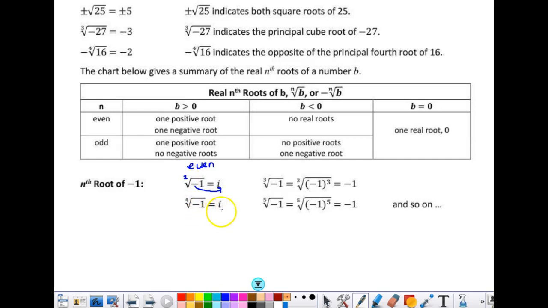If you have a negative, it comes out as an I. If you have an odd root, like you're looking for the cube root or the fifth root, then that negative comes out as a -1. Okay? So that's just a little bit of information.